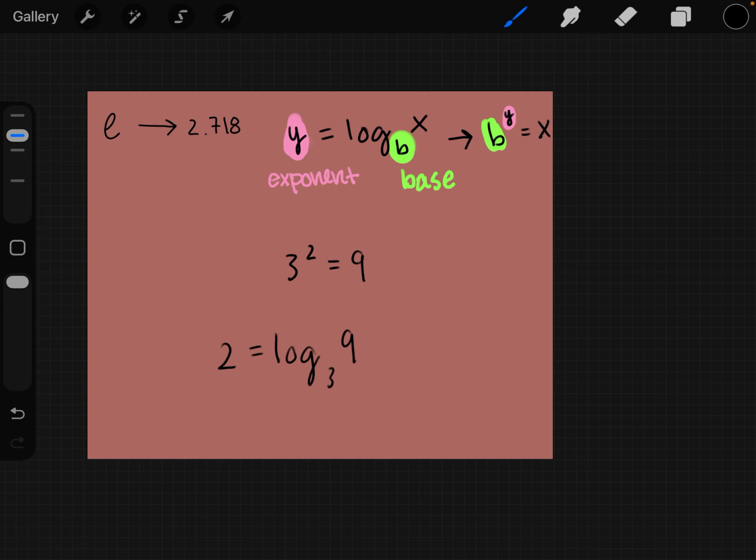I know maybe that's a little confusing, but you just have to keep doing them until you get it. Okay, our exponent is 4. Our base, 13. All that's left is x.